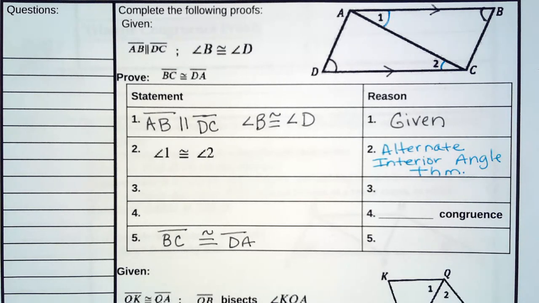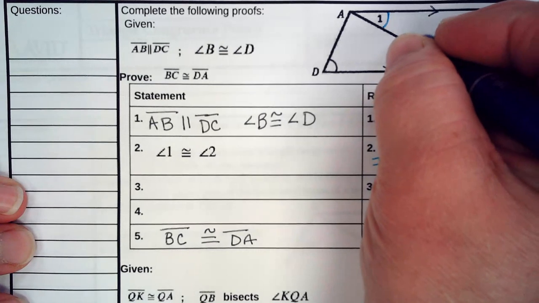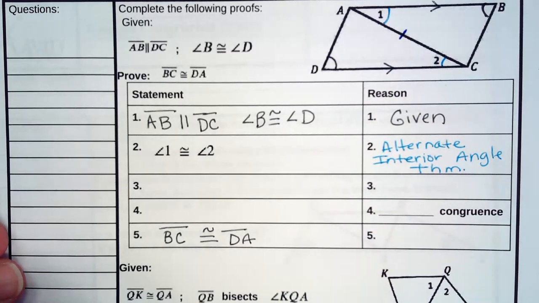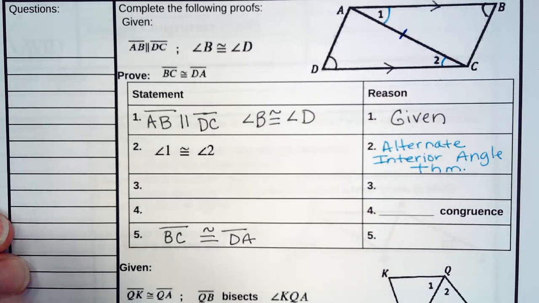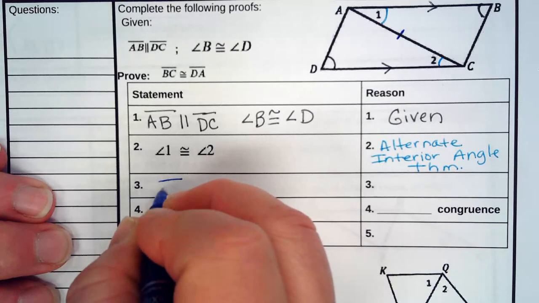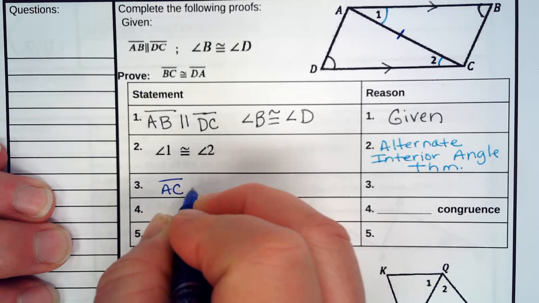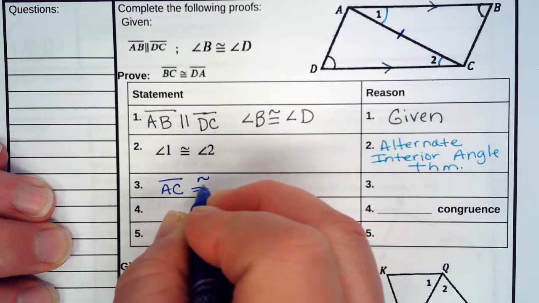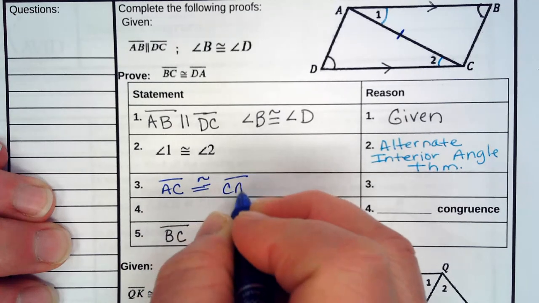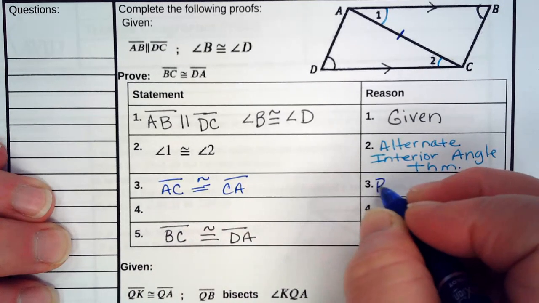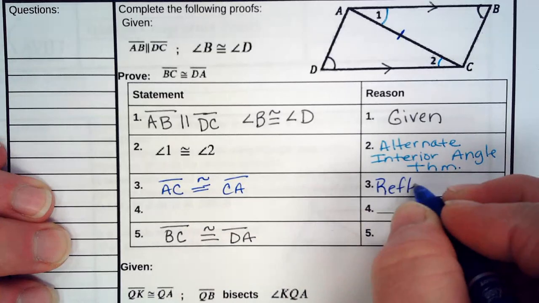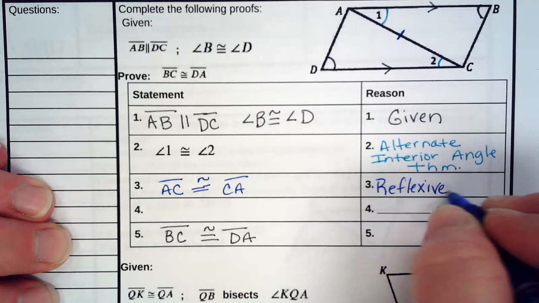Can I prove a line segment is congruent? Yes. Any segment is congruent to itself. So segment AC is congruent to segment CA. That's your reflexive property again.